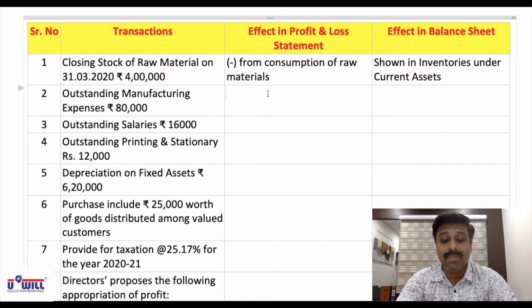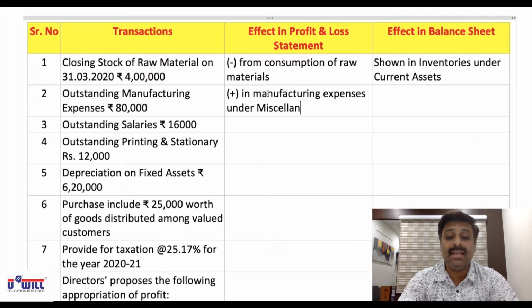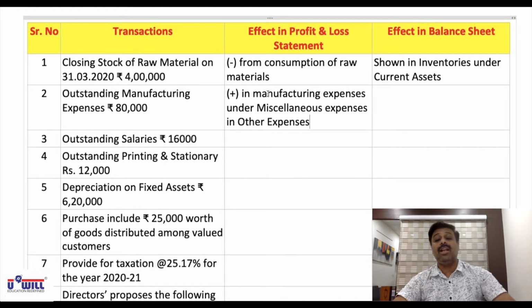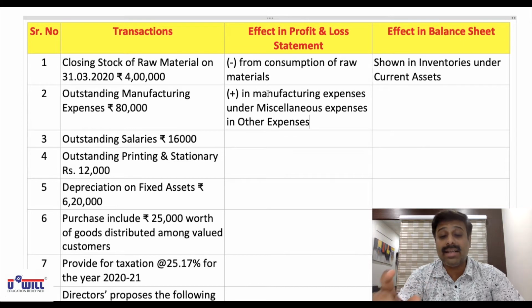Now, outstanding manufacturing expenses we will add in manufacturing expenses, and that will come under the heading of miscellaneous expenses, which will again come under the heading of other expenses in profit and loss statement. Within profit and loss statement, last heading is other expenses.